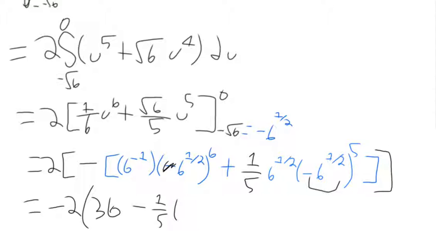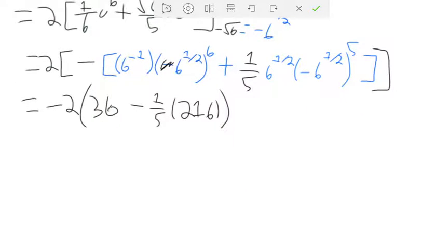Well, 6 to the 1/2 to the 5th. 5 times 1/2 is 5 halves, but then I have to multiply by the 6 to the 1/2. So again, we add the powers. 5 halves plus 1/2 is 6 halves, or 3. So we're going to have 6 to the 3rd power, which is just 216. And now we can just work this out.